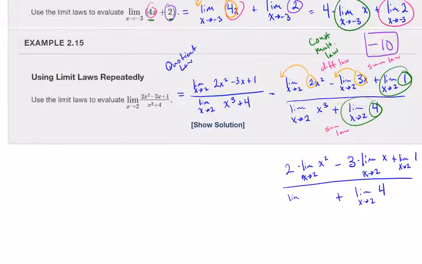I'm going to say the limit of x as x approaches 2, and then I'm going to put that to the third power. Okay, so I'm basically taking this exponent and putting it on the outside of all that. Okay, and that's the power law, and then we did the constant multiple law, I should say.